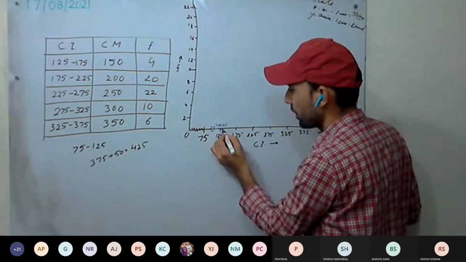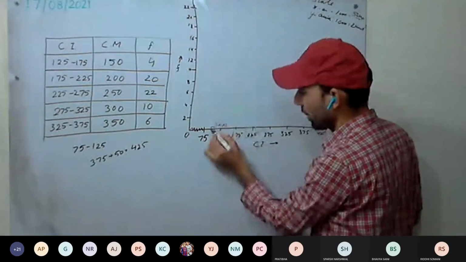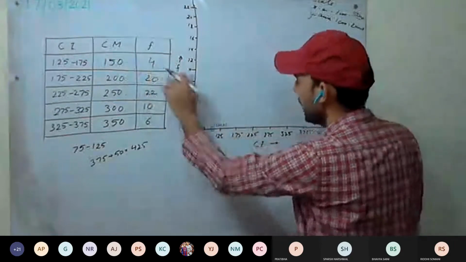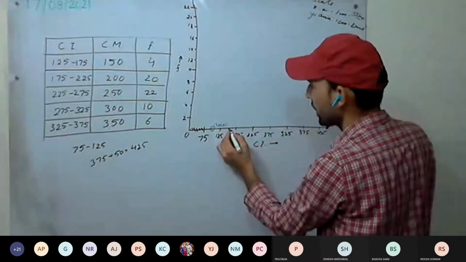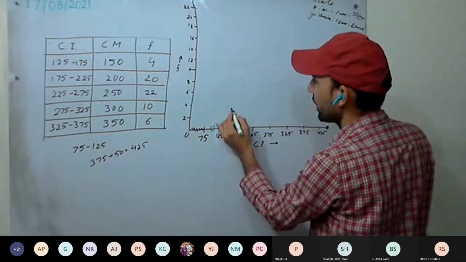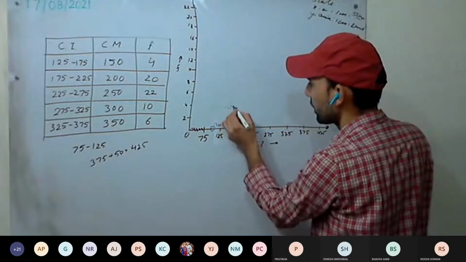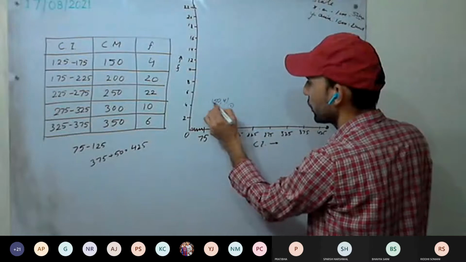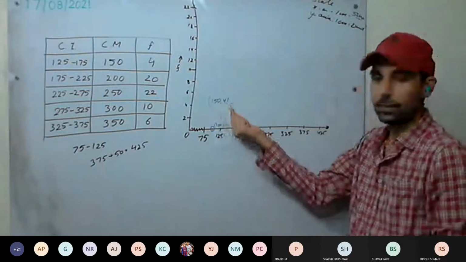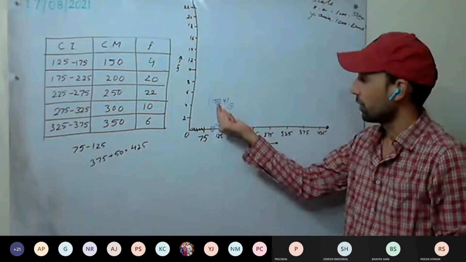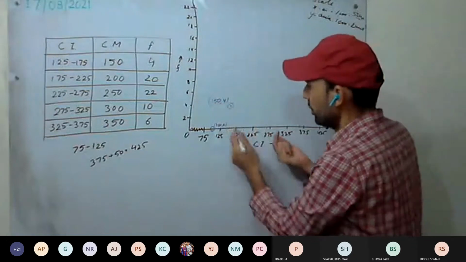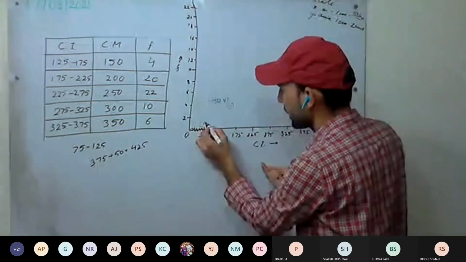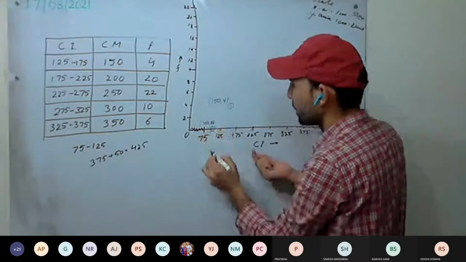100, 0. And don't mark on the line. The line will be there, so somewhere here. Second one, 150 and 4. So 150 and 4 here. They are the coordinates of this. Next one, it's better to write this side, 100 and 0.